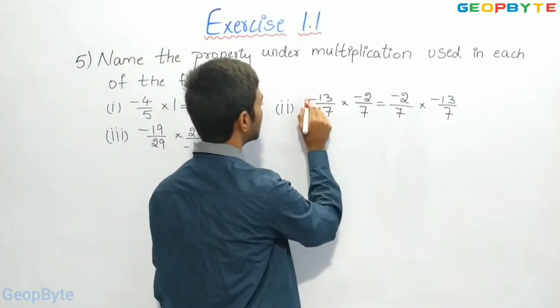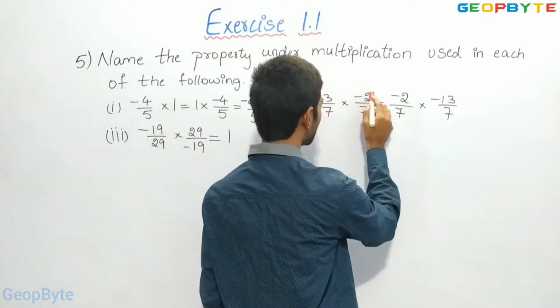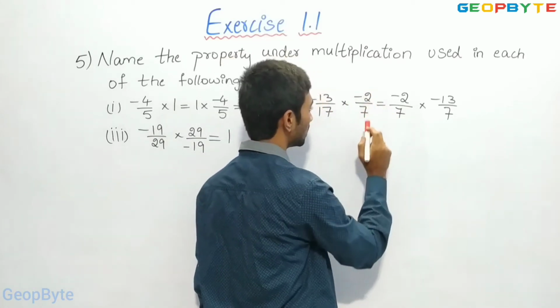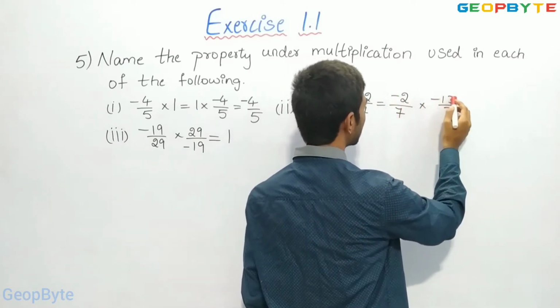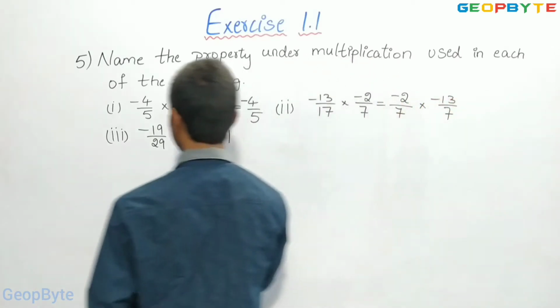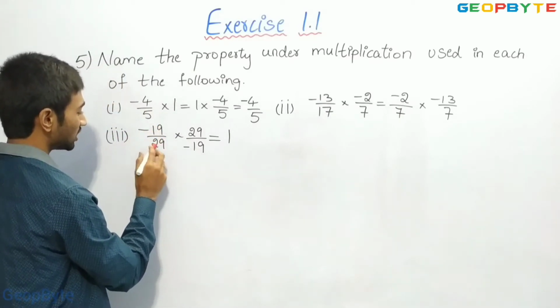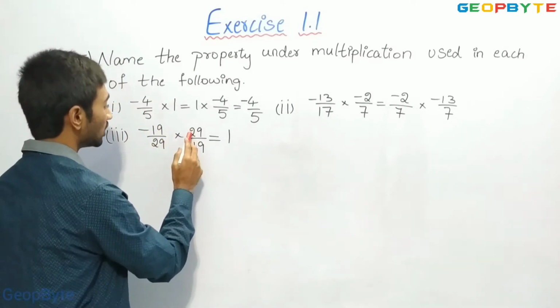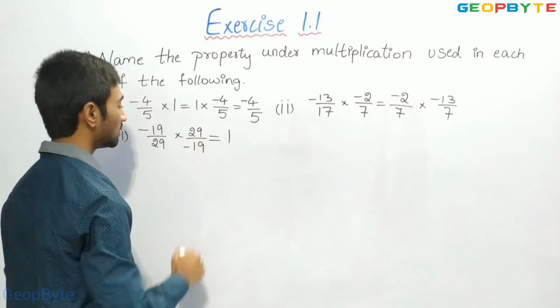Second bit, minus 13 by 17 into minus 2 by 7 equal to minus 2 by 7 into minus 13 by 17. Third bit, minus 19 by 29 into 29 by minus 19 is equal to 1.